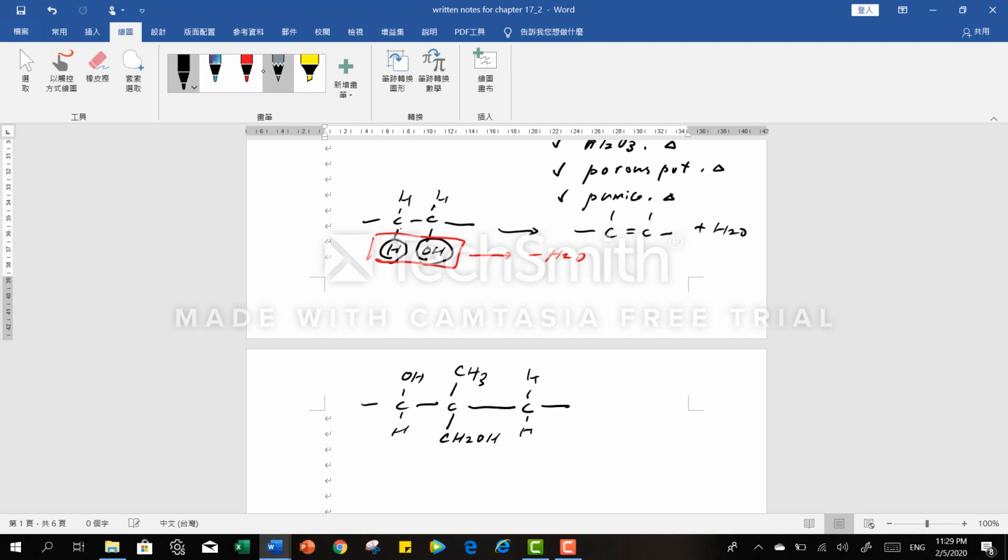Something like that. Now, when you look at this, the OH is here, but the carbon nearby does not have hydrogen, and this is not the adjacent carbon, so no dehydration can be performed for this one, even if you use heating and correct reagents. Are you okay with that?